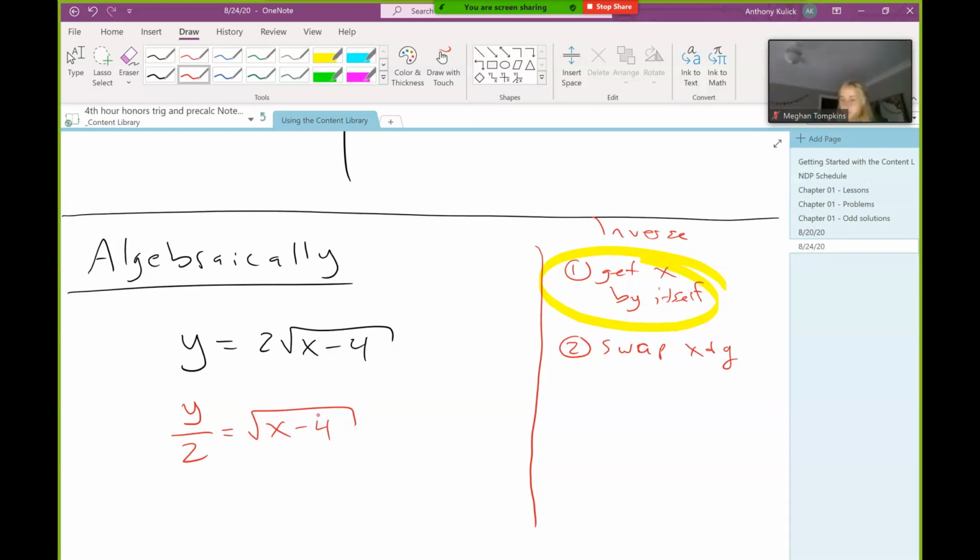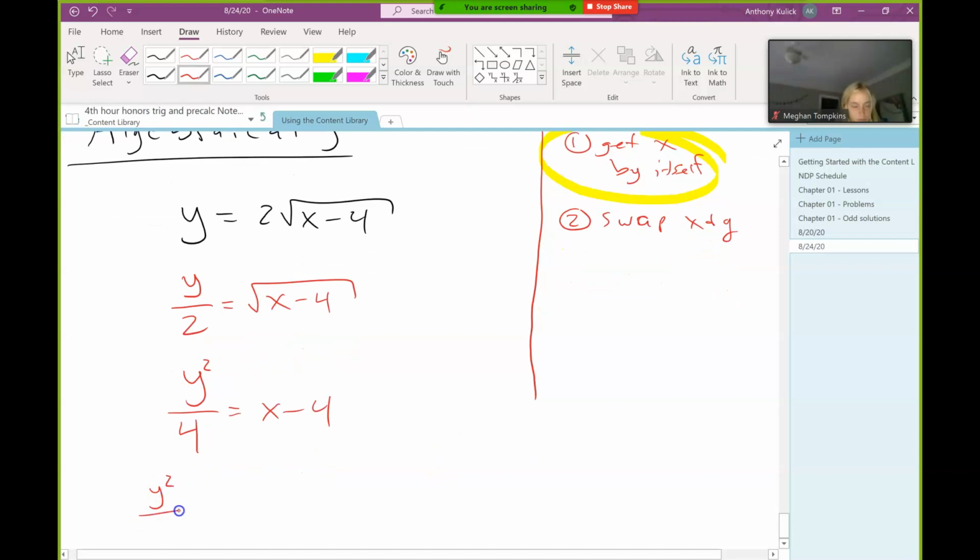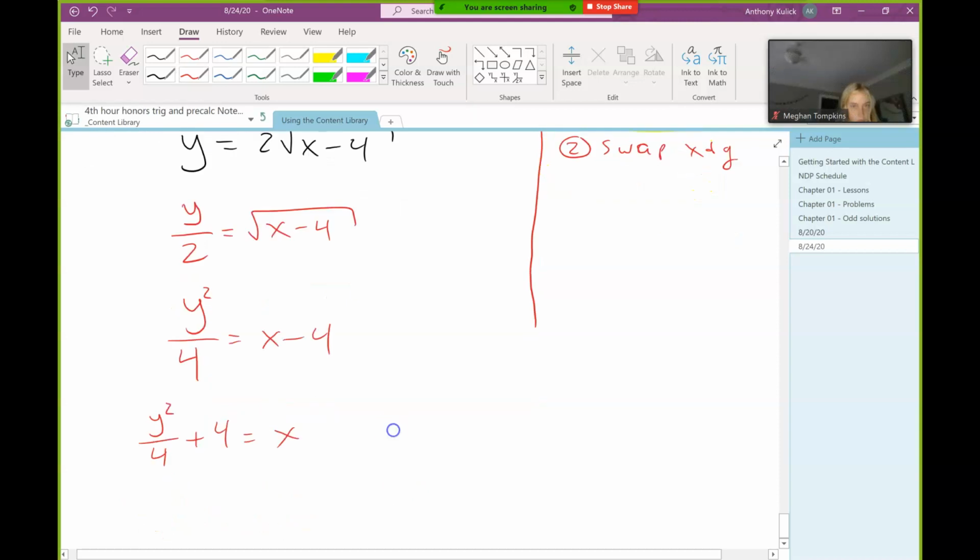You've got to square both sides to get rid of the square root. When you square a fraction, you have to square the numerator and square the denominator. Is that okay there? Then if we add 4 to both sides, we get this, right? Everybody agree with this?